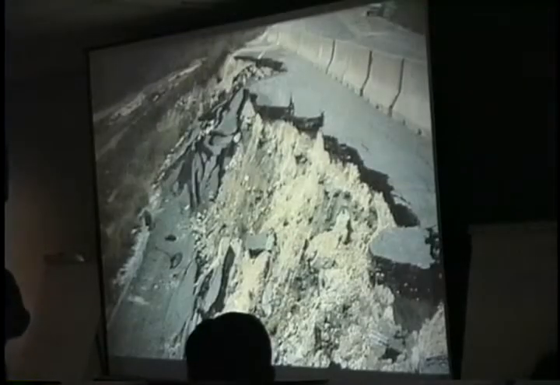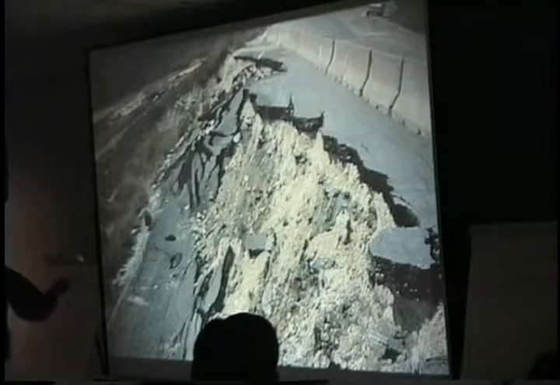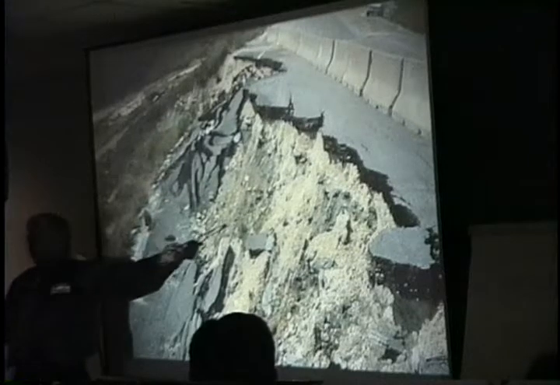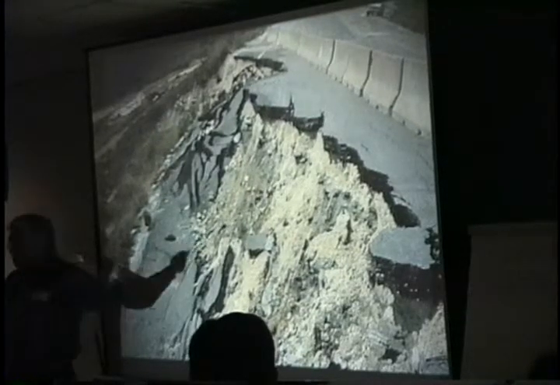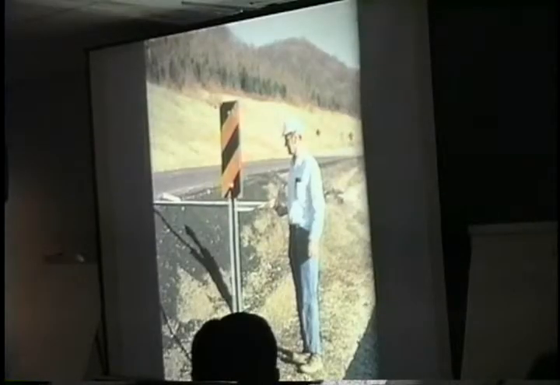And then they go back, and this happens several times where they have to do several overlays. And over a period of time, they put so much weight in there that they actually create a failure like this. So going back and forth and doing some more crack sealing and more overlays puts a lot more weight in there and eventually causes a failure.